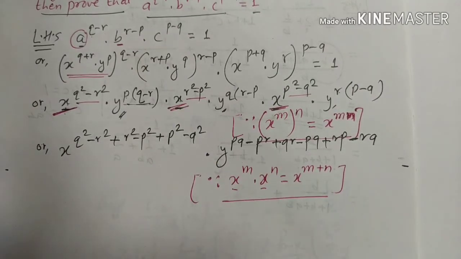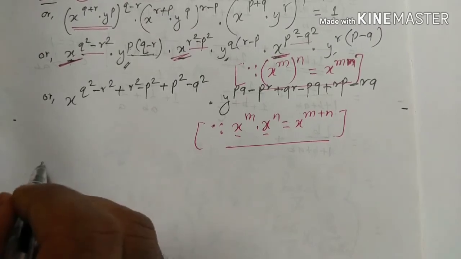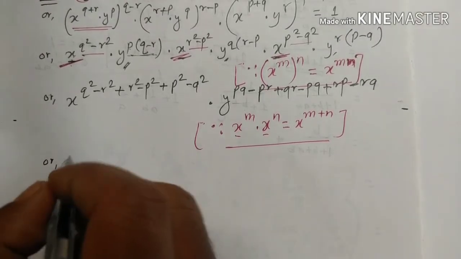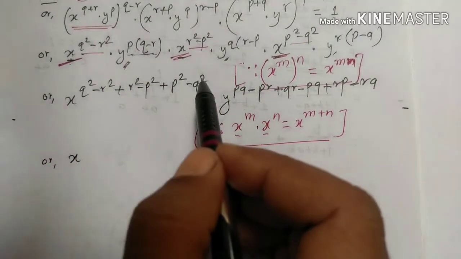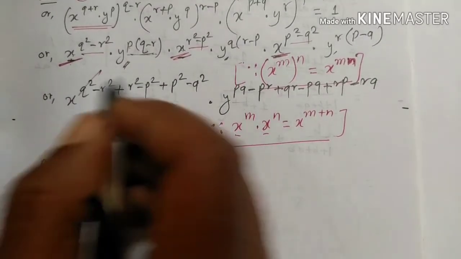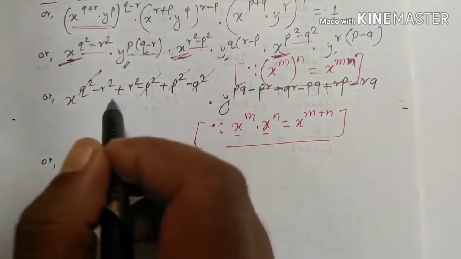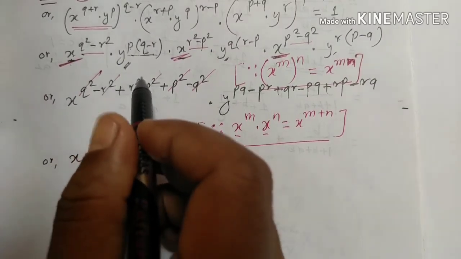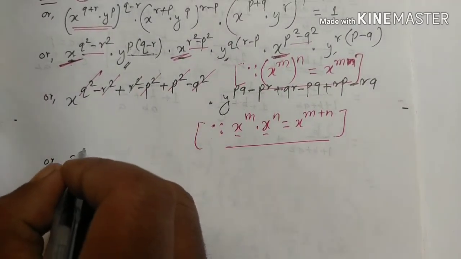Now this can be written as x, and here you can see this is minus q square, this is plus q square, so this and this cancel out. This is plus p square minus p square, and this minus r square, this r square will cancel out. So in the power of x there will be 0.